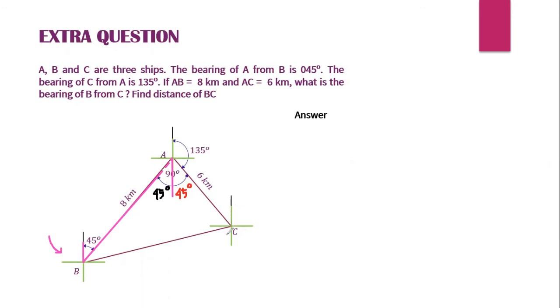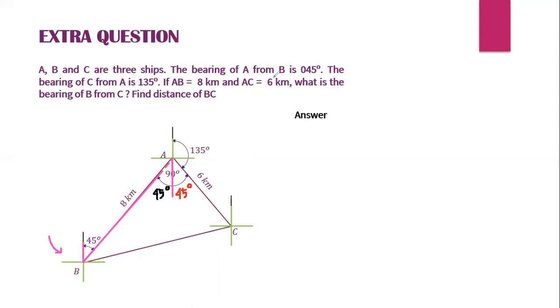Next, you're going to construct angle properties on point C. The information here is, this one is 135, right? So automatically we can write here 90 degrees.